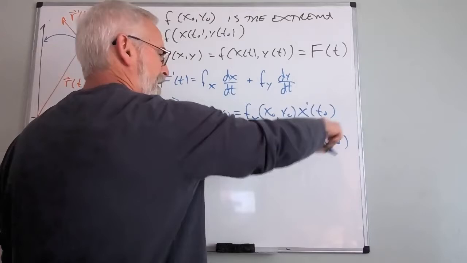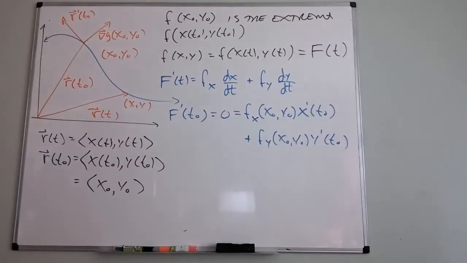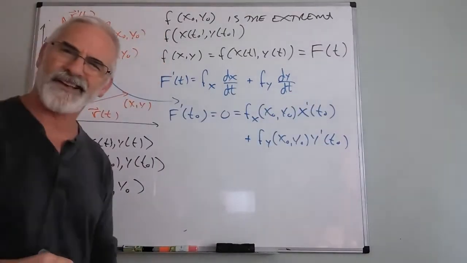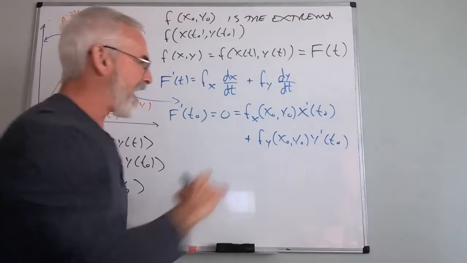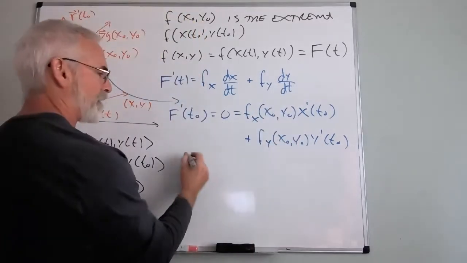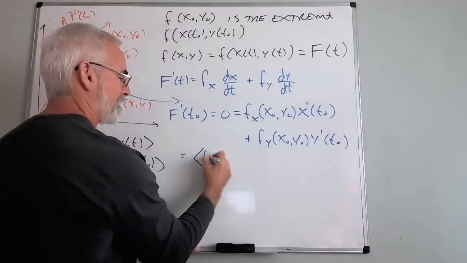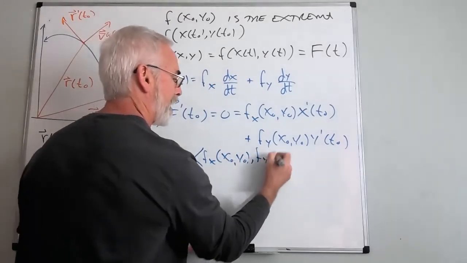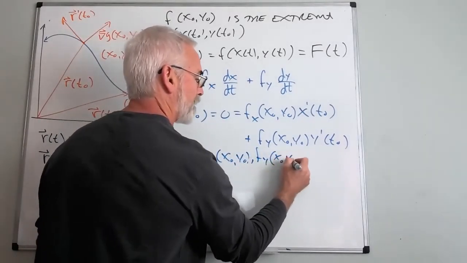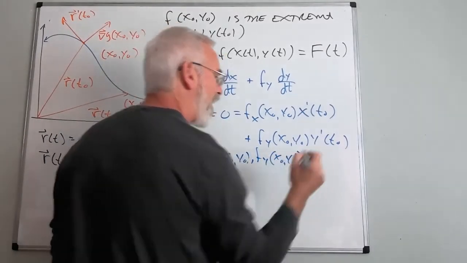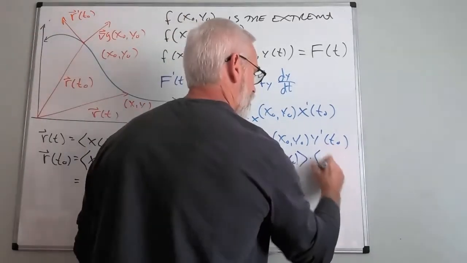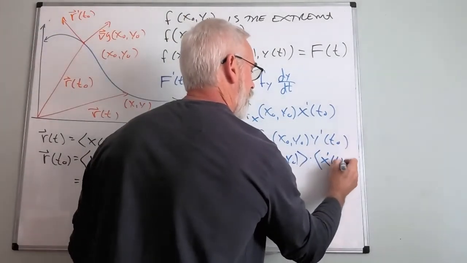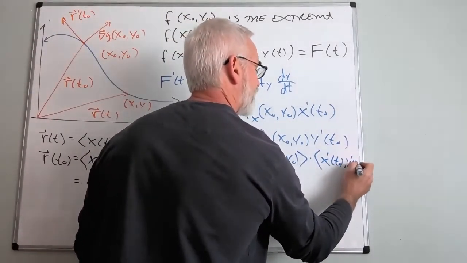But you know, that kind of looks like it's a dot product. I have a product plus a product. Could I write this as fx, x naught, y naught, comma, fy, x naught, y naught, dotted with x prime of t naught, y prime of t naught?